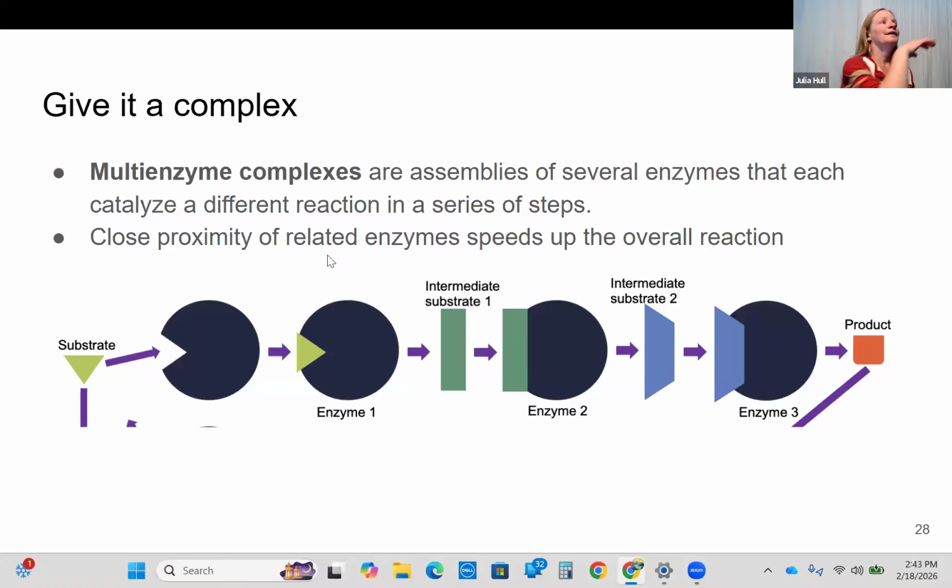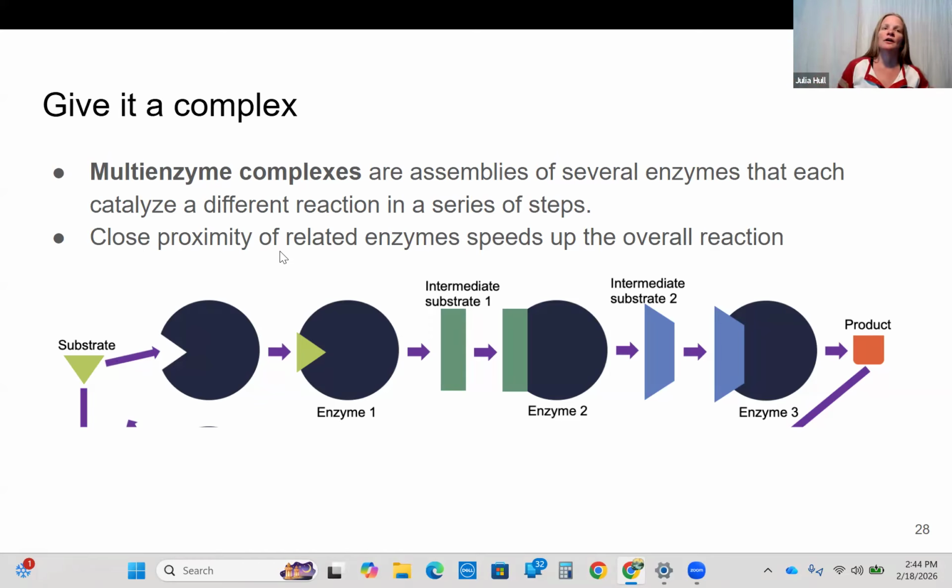So this line is all happening in a series of reactions. You can't put the lid on the beer before you put the beer in the can, right? That would be silly. And you want to have all of these different processes close together spatially so that it's really effective.